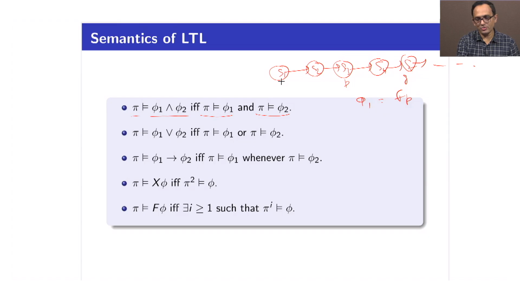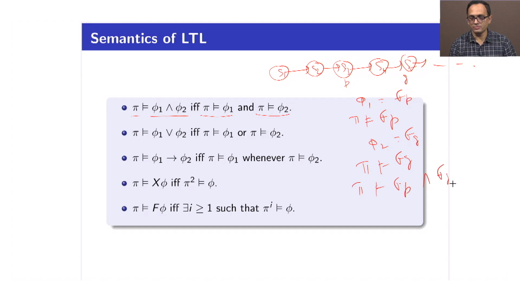So, in state S1, pi satisfies future p, right. That means pi satisfies F of p, because starting from this state, p holds in some state. Then let phi 2 be future of q. Then pi also satisfies future of q, because it happens in some future state. Then pi satisfies F of p and F of q, because it satisfies both the formulas, understood.